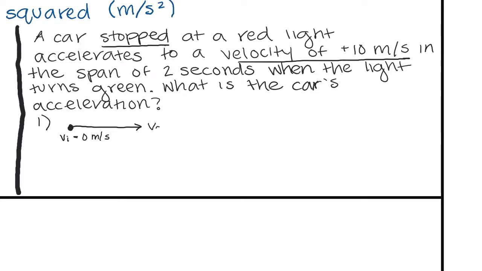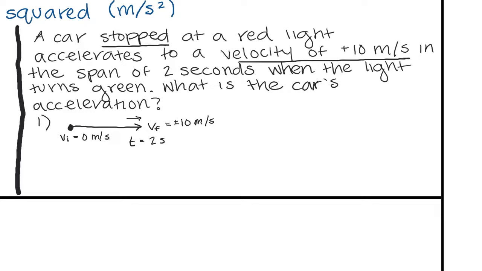So I'm going to write my final velocity of this car is positive 10 meters per second. Anytime you see that positive sign, we should be thinking it is moving to the right. All right. We also know that our time is equal to 2 seconds. So what this is saying is that it is reaching a final velocity of 10 meters per second from stopped in a time of 2 seconds.